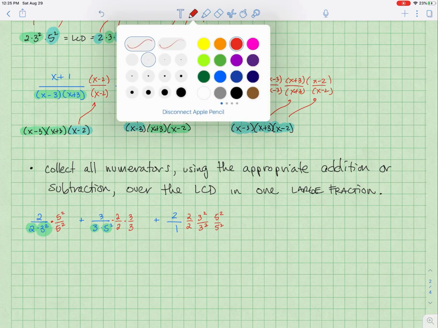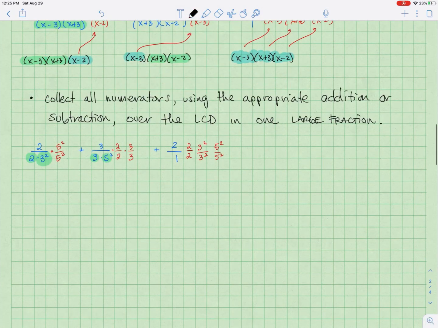This is going to be equal to one large fraction over the LCD, and the LCD is 2 times 3 squared times 5 squared. So this is our LCD in our one large fraction.